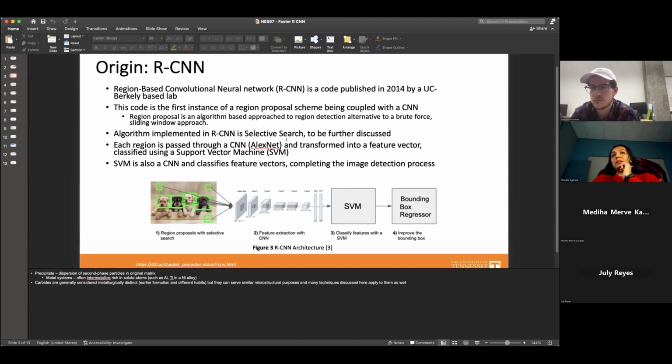Then that last image gets flattened into the neurons, and you apply the fully connected layer.